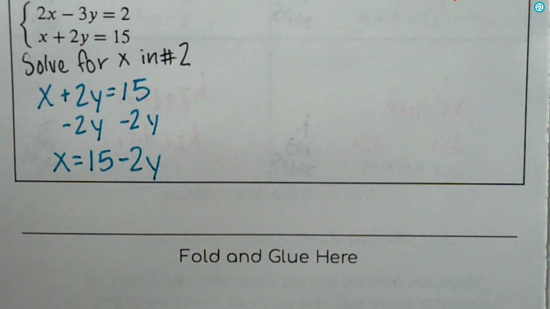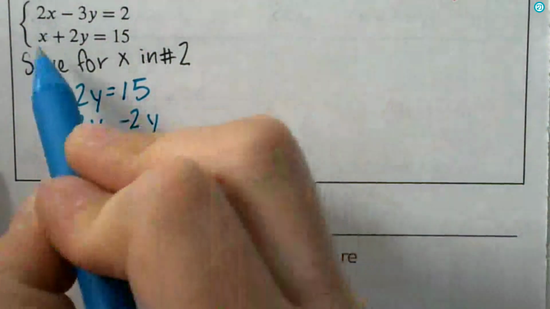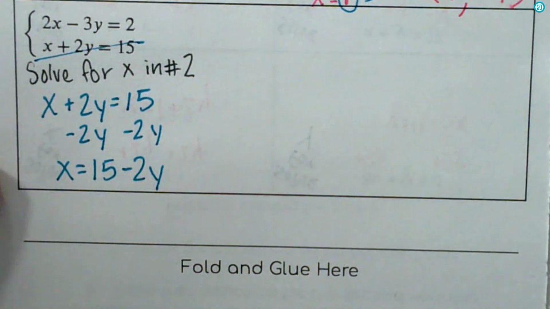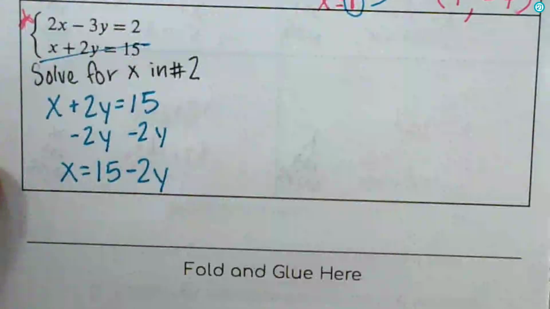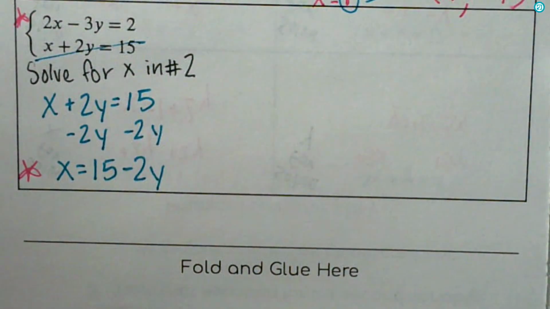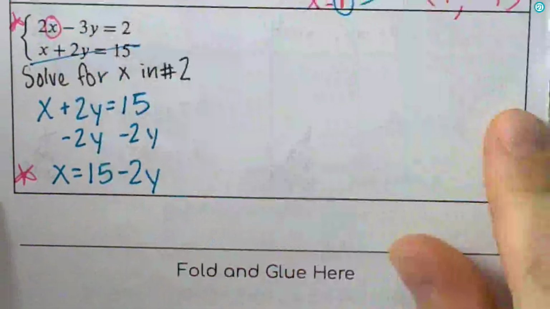Okay, I'm going to lightly cross that off. So now I've got 2 equations. I've got this 2x minus 3y equals 2. And I've got this x equals 15 minus 2y are my 2 equations I'm working with now. So I take my x equals equation, and I can plug it in for x in my other equation. This is the substitution that's happening.